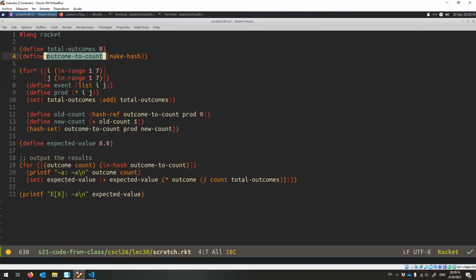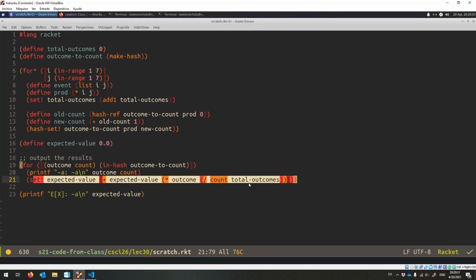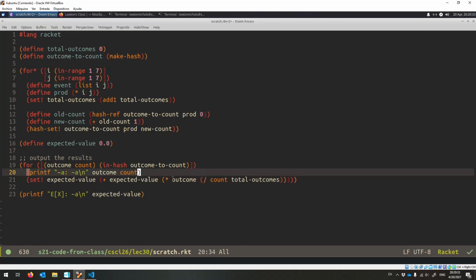It takes an outcome, gives you back the count of how often it appeared, and so at the end of this you'll end up with a hash table that you can iterate through and just print out each outcome and how often they appeared, while adding to our expected value, because it's always multiply the outcome, that number that we get back from the random variable, times the probability that it occurs, which is the number of times we saw it over the total outcomes.